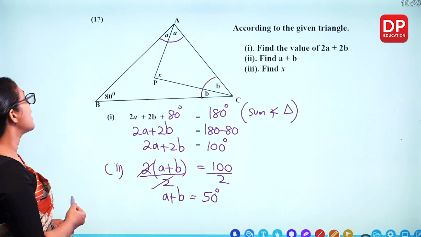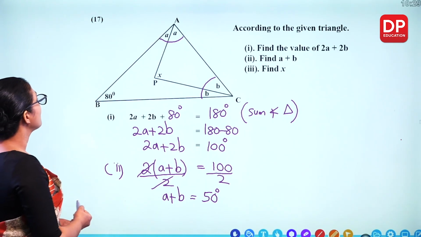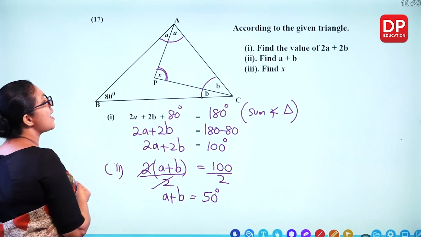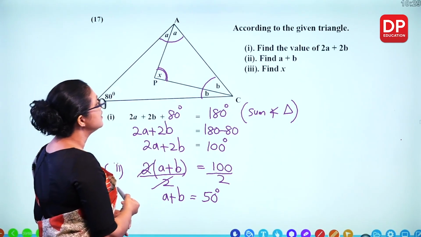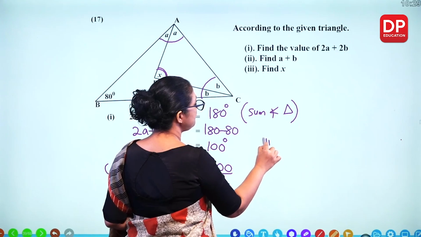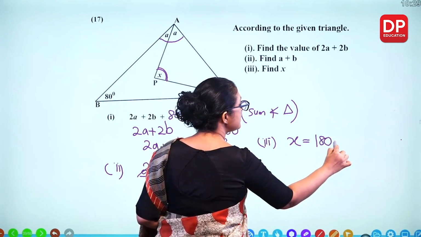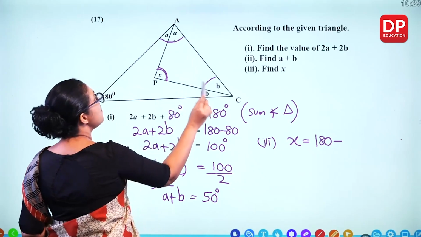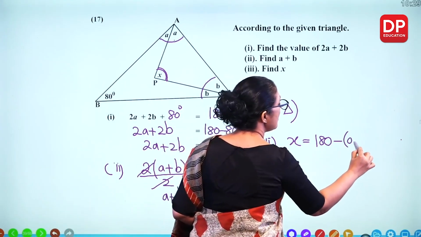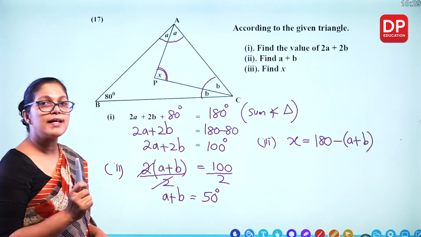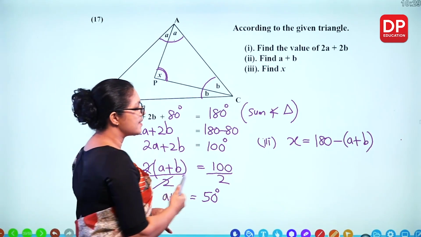Find x. So what's x there? X is the angle inside triangle APC. You can straight away write down 180 minus A plus B, because the sum of angles in a triangle is 180 degrees.